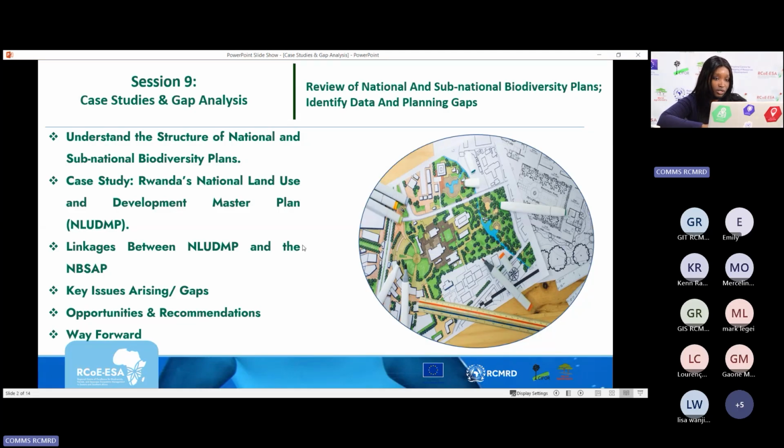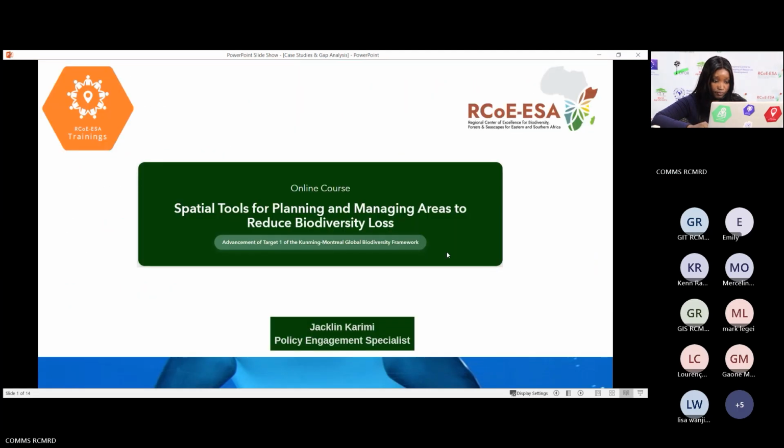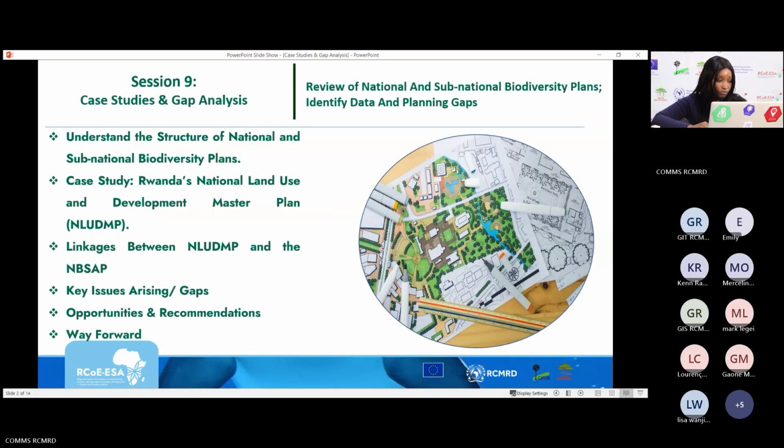So the order of these slides will be to understand the structure of the national and the subnational biodiversity plans, that is the NBSAPs and the subnational ones. Then we will look at a case study of Rwanda's national land use plan, which is an equivalent of the national spatial plan for the Kenyans.